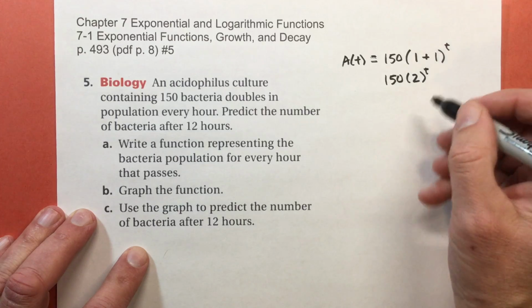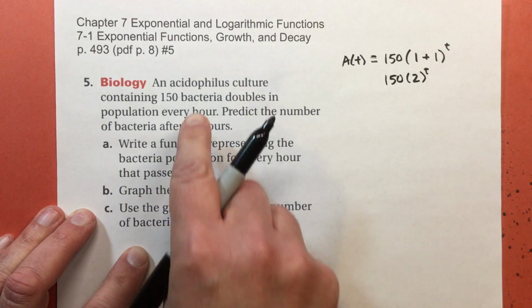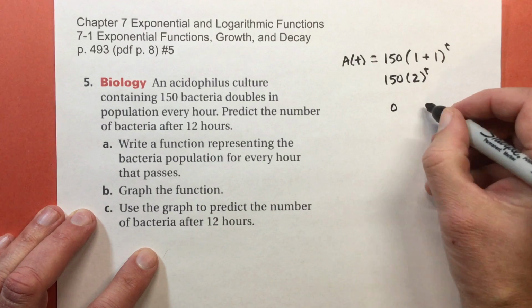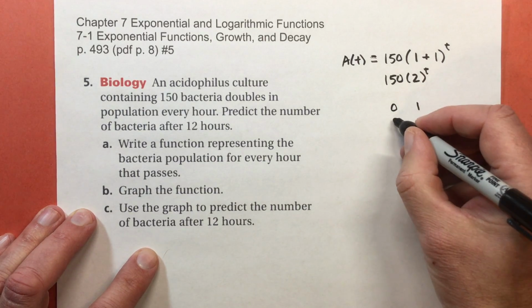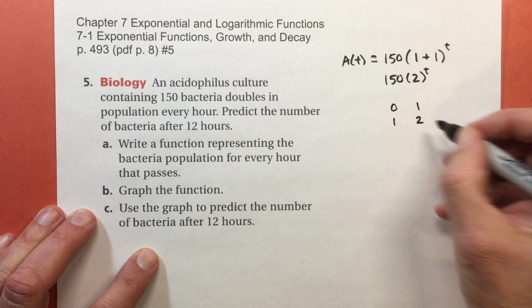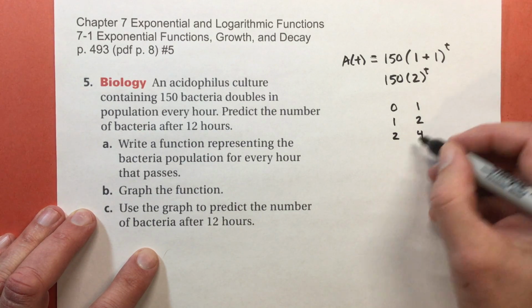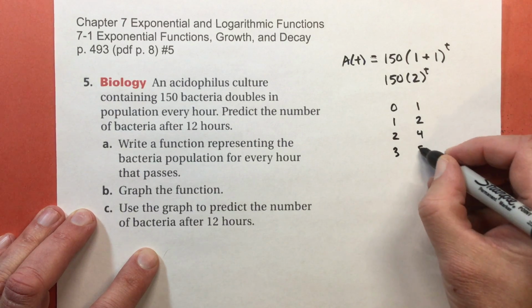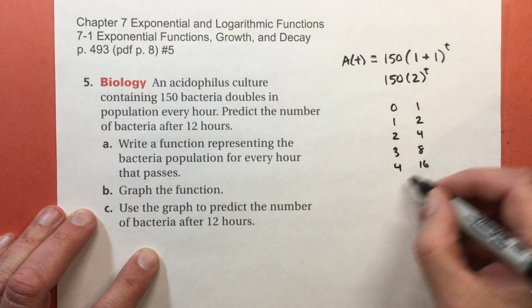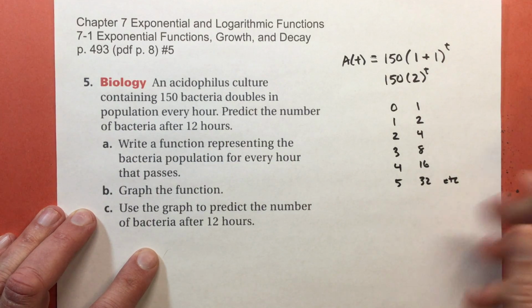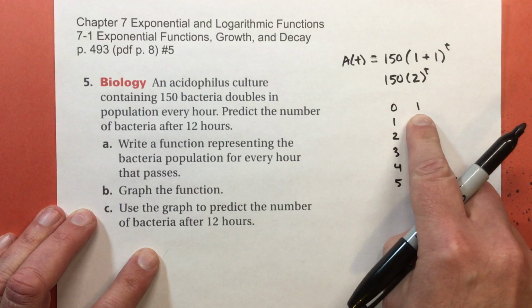And if I think about this, let's say I just take one bacteria. At 0 hours, I get 1 bacteria. After 1 hour, it doubled, now I've got 2. After 2 hours, it doubled, and I've got 4. Here's my 1, 2, 4 again. 3, 8, 4, 16, 5, 32, etc. That's if I started with 1 bacteria, but I didn't.